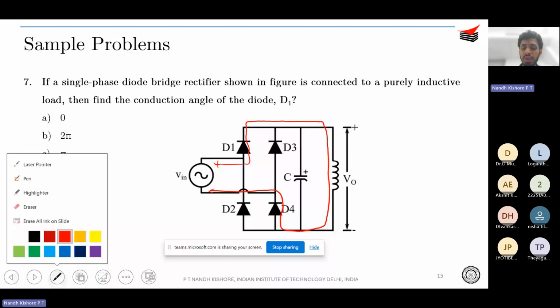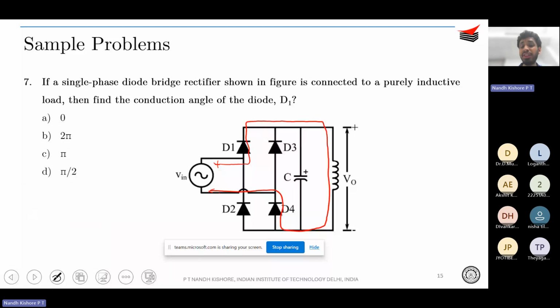During the negative half cycle, you know that inductors oppose any change in current. So your current direction has to be like this through the inductor. Till this point it has come. It cannot go through D4, because the polarity of Vn is now over here, so D4 is reverse biased.